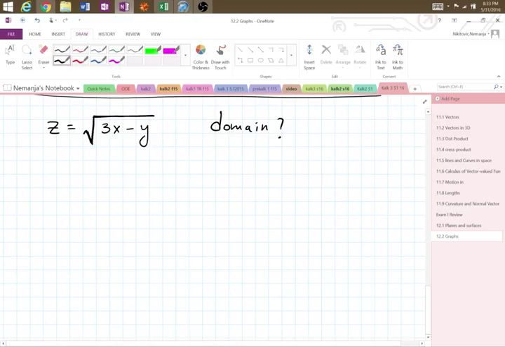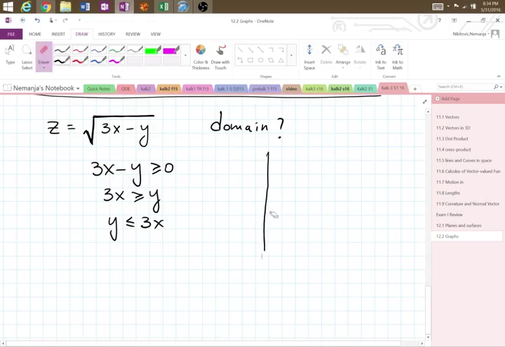Okay, so the argument under the square root can also be equal to 0, right? For ln, you're not allowed, but for square root, yes, you are. So 3x minus y greater than or equal to 0 is where we start. Move y to the other side: 3x larger than or equal to y. So what we need to graph is y less than or equal to 3x, for visual representation.